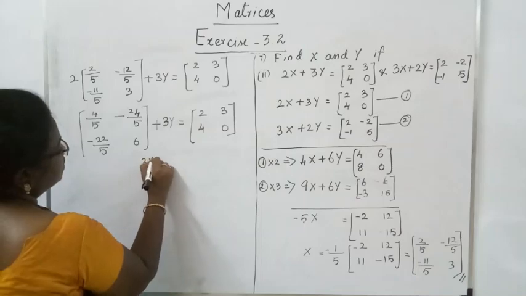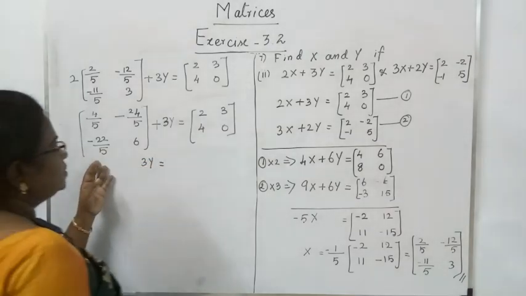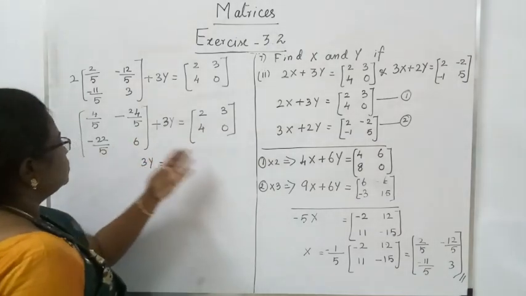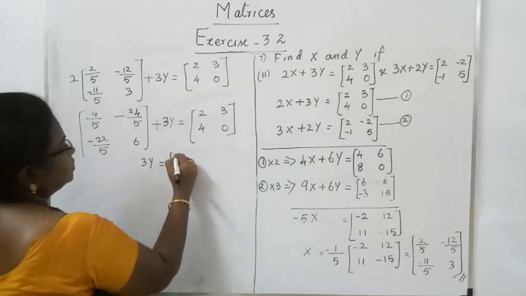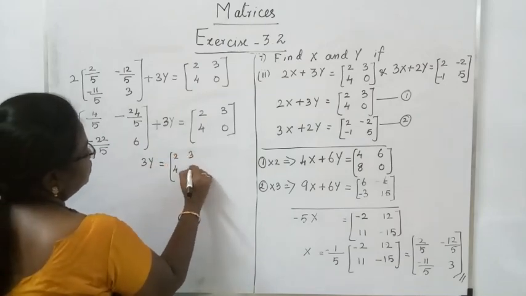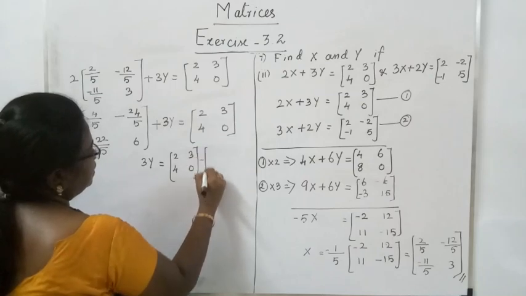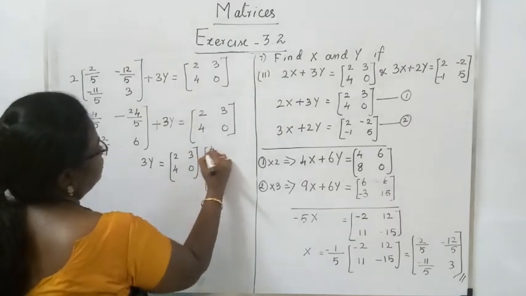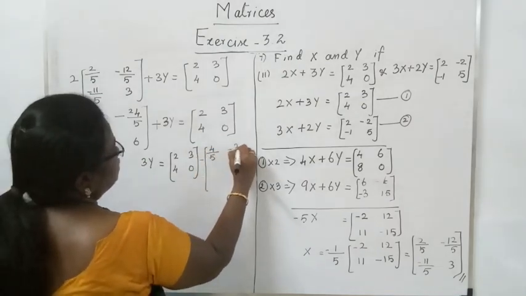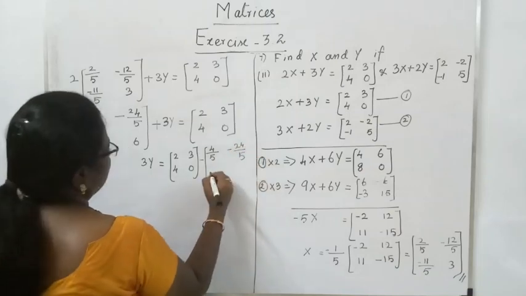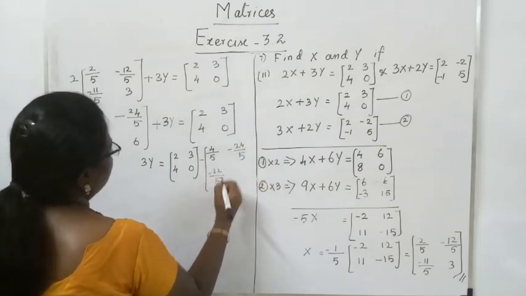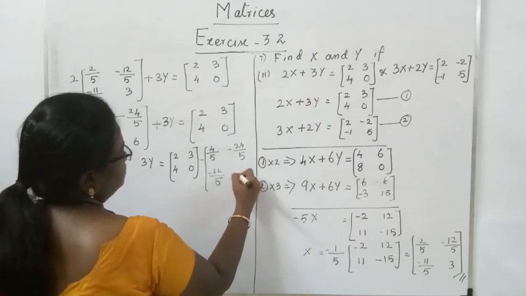So 3y is equal to, in matrix addition this can go to that side, [2, 3; 4, 0] minus [4 by 5, minus 24 by 5; minus 22 by 5, 6].